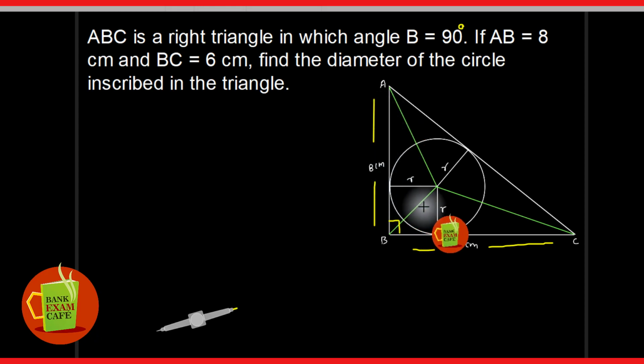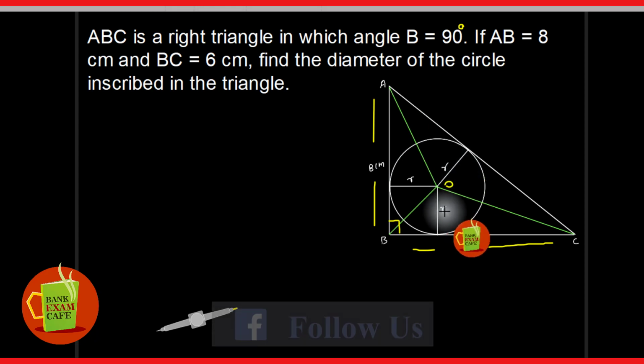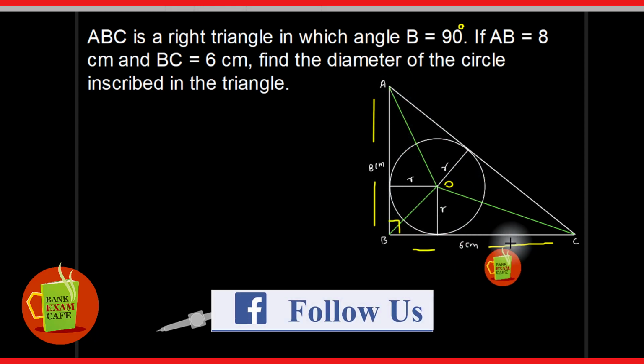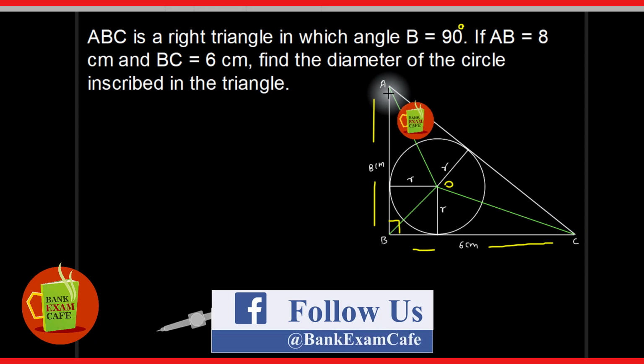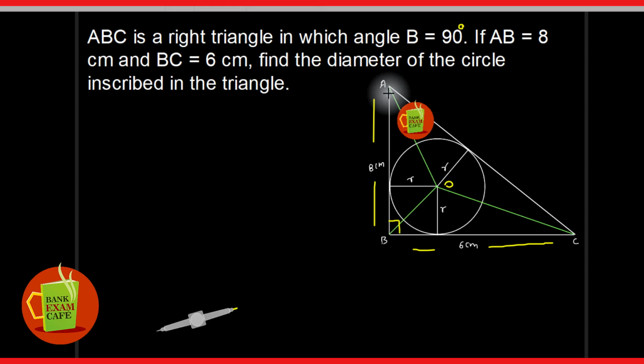But we can also find the area of triangle ABC as the sum of areas: suppose this point is O, then area of triangle OBC plus area of triangle OAC, and then plus area of triangle AOB. If we add the areas of all these three triangles, we will get the area of triangle ABC, and then equating these two areas, we can find the radius.